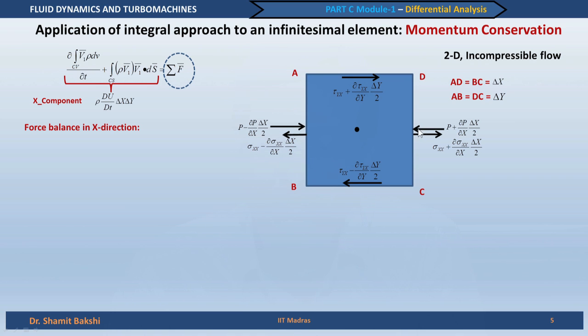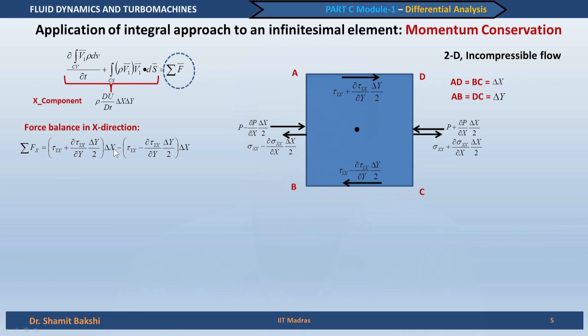The pressure of course is always acting inward into the control volume, and these are the forces. So, we have the forces coming from the shear stresses, the forces coming from the normal stresses, and the pressure forces, coming from the variation or distribution of the pressure in the flow field. Now we club them together: the sum of forces, the first component is the shear stress component, of course multiplied by the area.